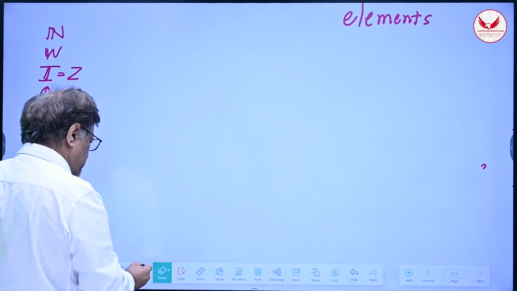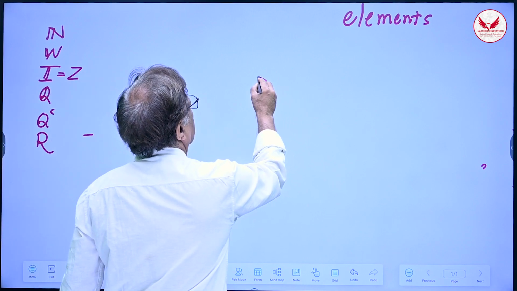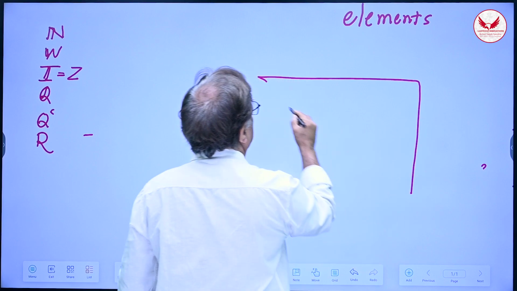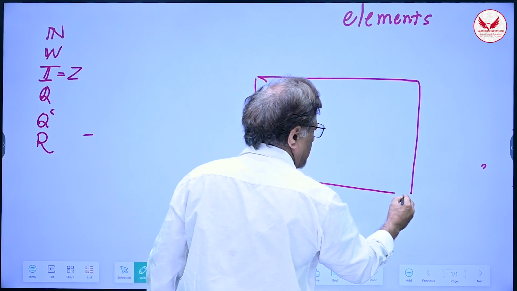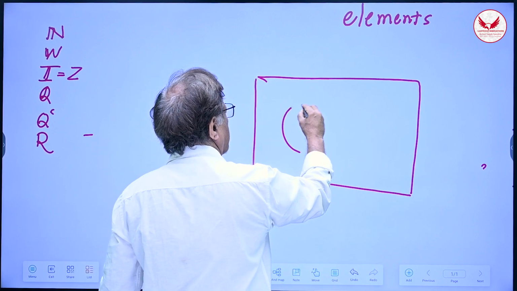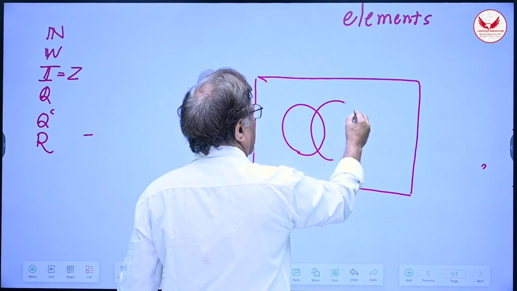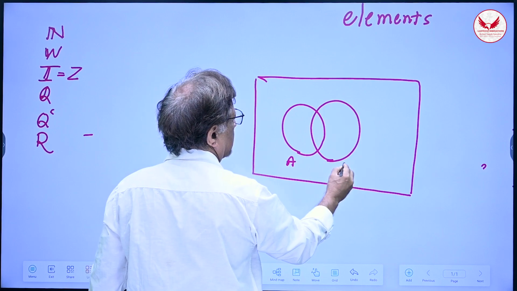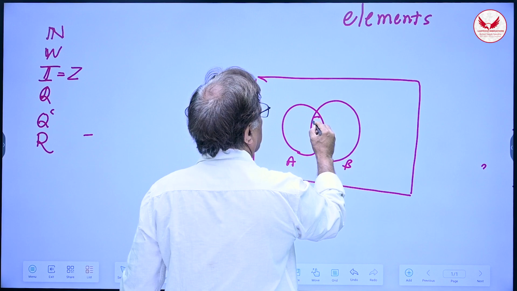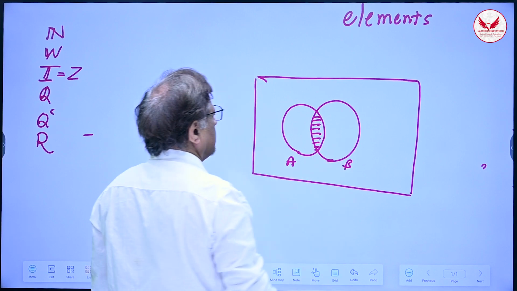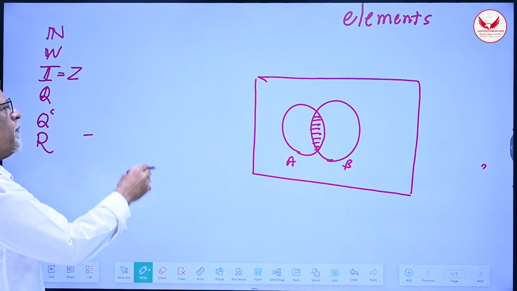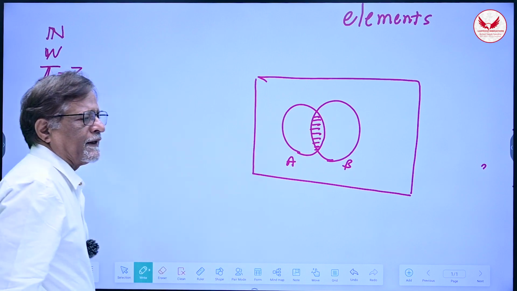I think that can be expressed immediately by using diagrams. So this is a universal set, this is a set A and this is another set B. Then what is this set? That set is the set of common elements in A and B, correct?